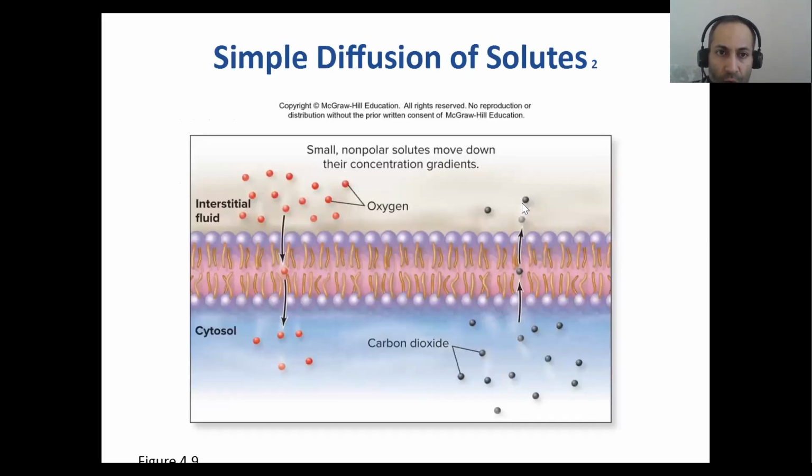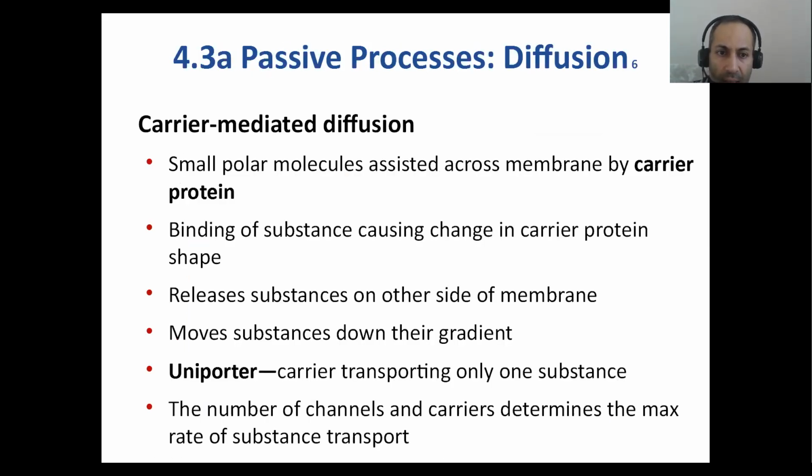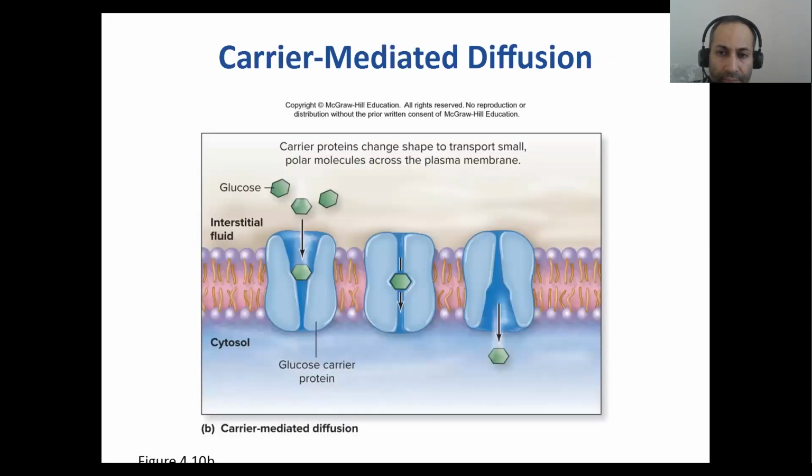And facilitated diffusion needs a carrier protein. One perfect example of carrier mediated diffusion, or facilitated diffusion, is how you move glucose or sugar inside of your cells. So here are your glucose molecules, right?